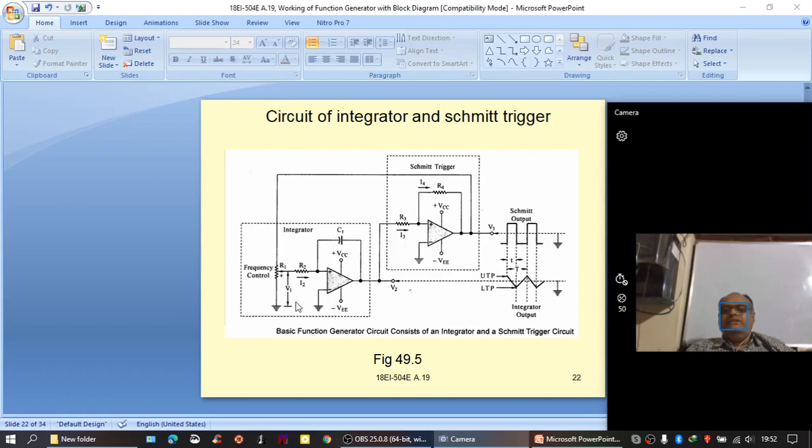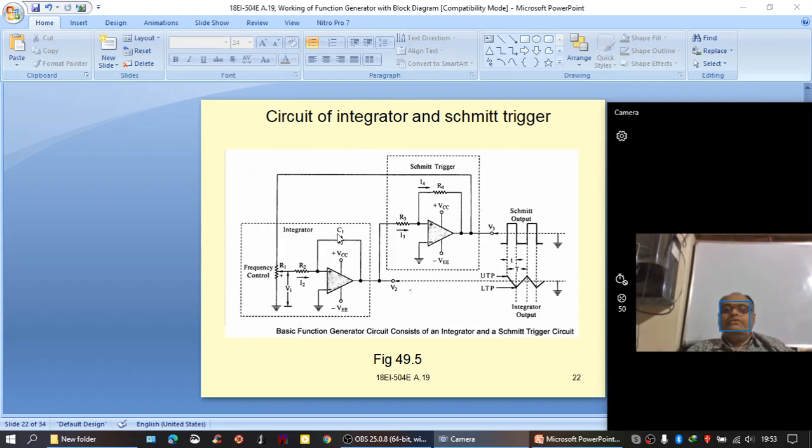Now here if you see, what is the current I2? I2 is nothing but the voltage across this potentiometer wiper and ground, that is V1, divided by resistance R2. V1 by R2 is I2. That I2 will not flow into the operational amplifier because the operational amplifier has infinite impedance, and this terminal is at virtual ground.